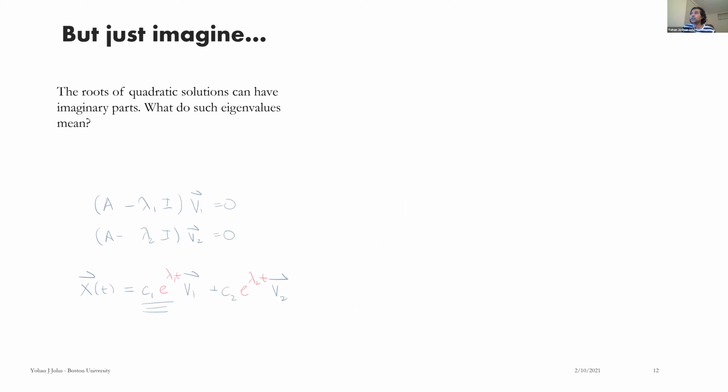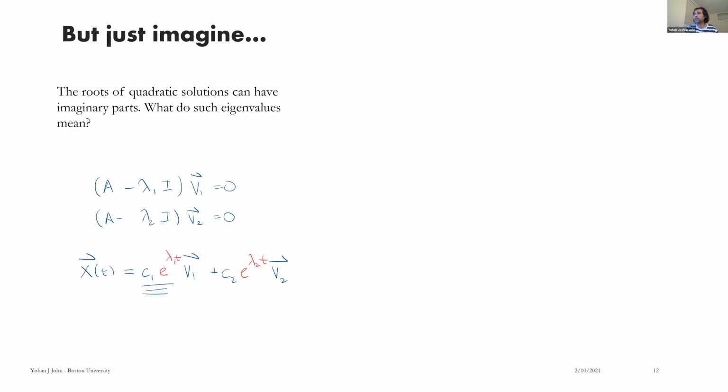So what happens there? Just as a side note, this is sort of a result of linear algebra that once you know the eigenvalues, you can plug them back into the equation that we wrote down to find out what the eigenvectors are.